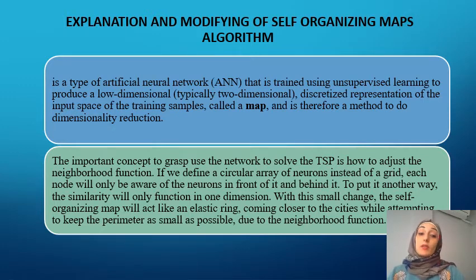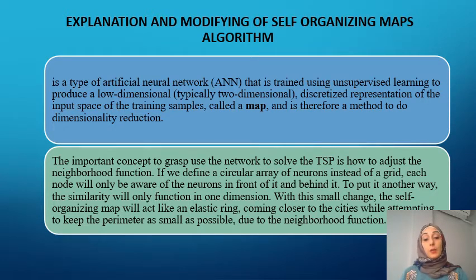The important concept to grasp when using the network to solve the TSP is how to adjust the neighborhood function. If we define a circular array of neurons instead of a grid, each node will only be aware of the neuron in front of it and behind it.